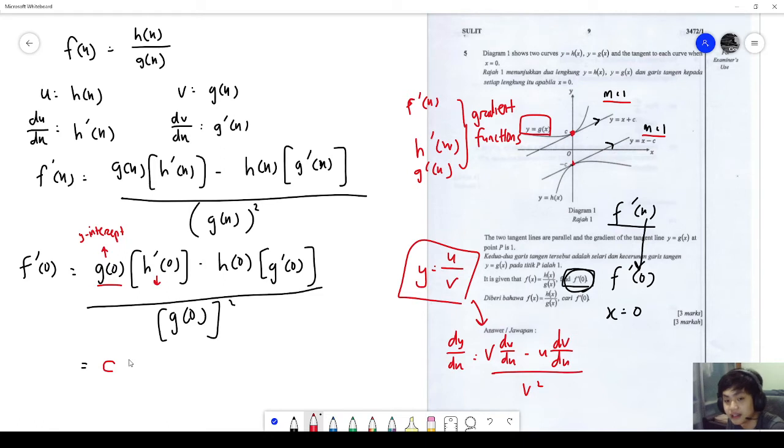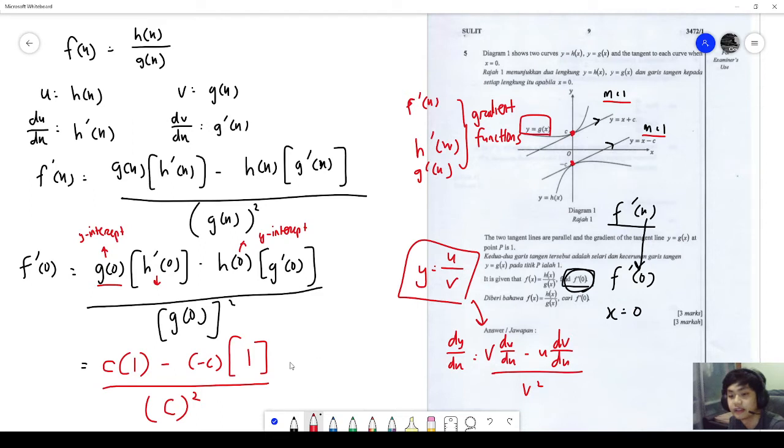So from here we can say that this is just 1. Again, h(0) here is the y-intercept, but this time for the h(x) graph, so this is negative c. g'(0) is 1 once again because they are parallel. So over g(0), like we mentioned earlier, is c. This time we are going to square it.